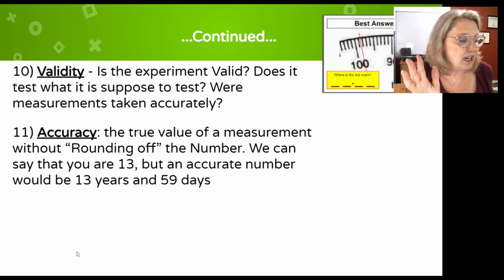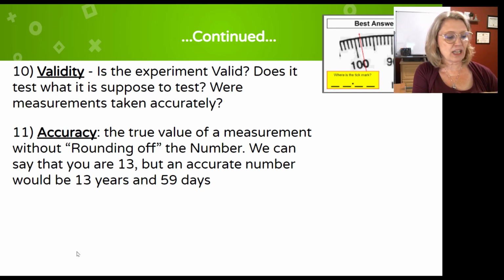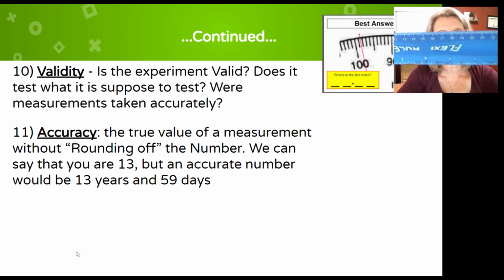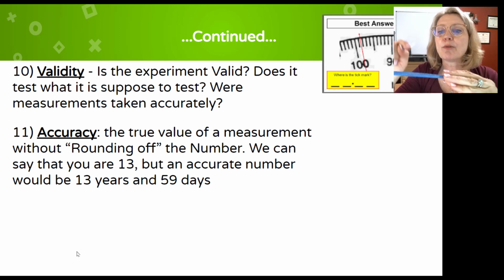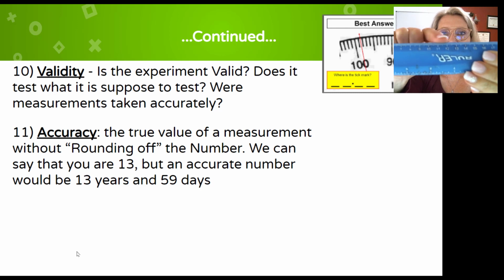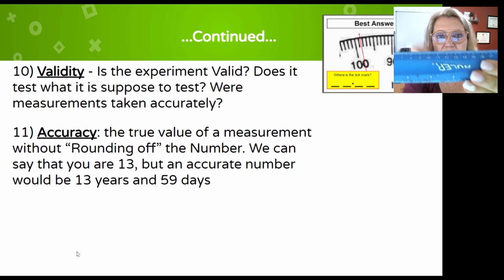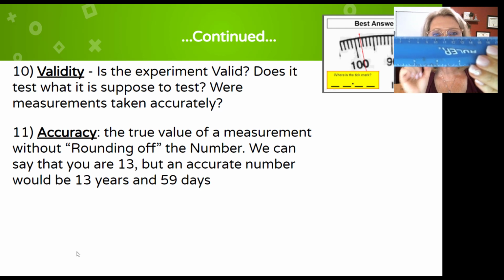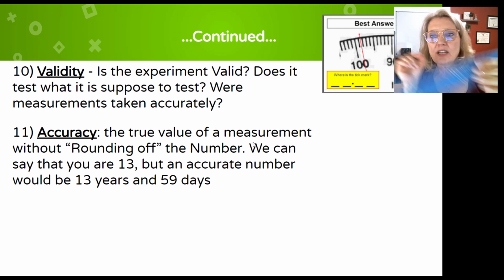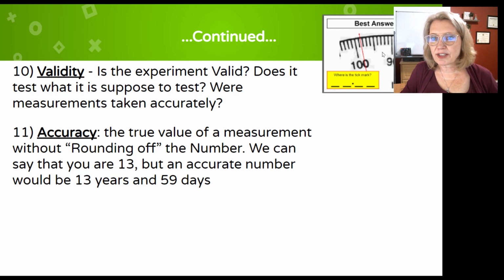So you take your measurement, whatever it is that you have. Here's a ruler with centimeters on it. You'll notice that there are numbers, 10, 11, 12, but you also notice that there are little markers in between. Those markers help you create a more precise measurement. Just like in this one here on the side, we know that the red line is not at 100.